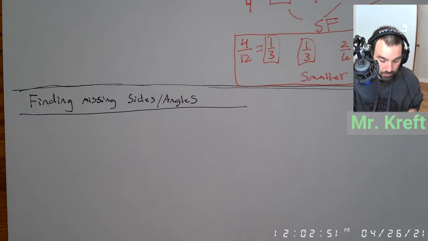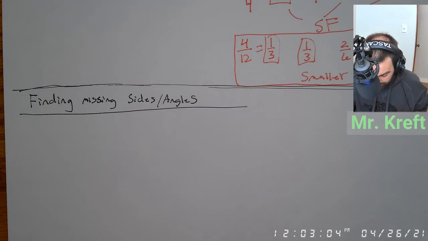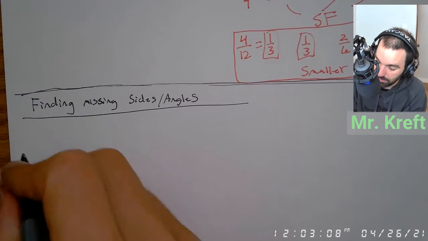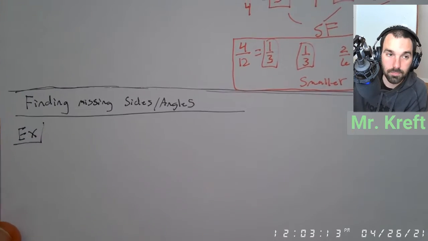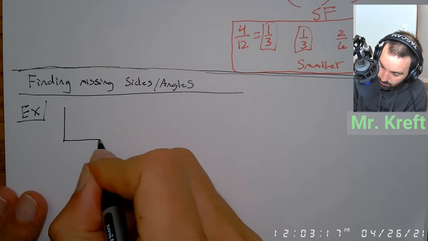With finding missing sides or angles, for sides you need to know the scale factor, and for angles you just need to know the corresponding angle. Let's take a look at a couple of examples. Here's our first example. Let's say I have two triangles.